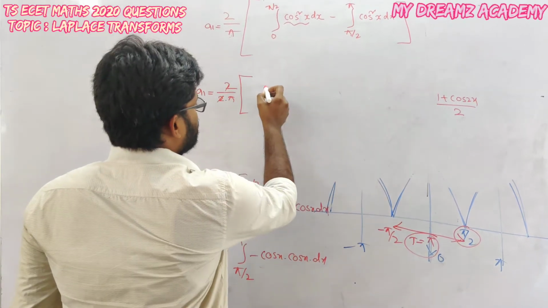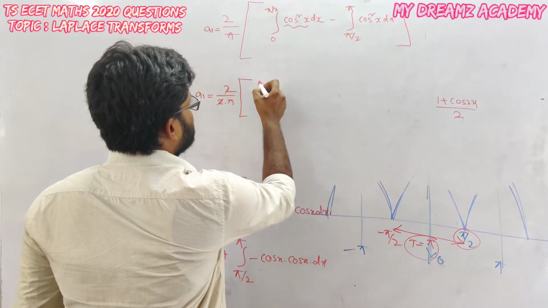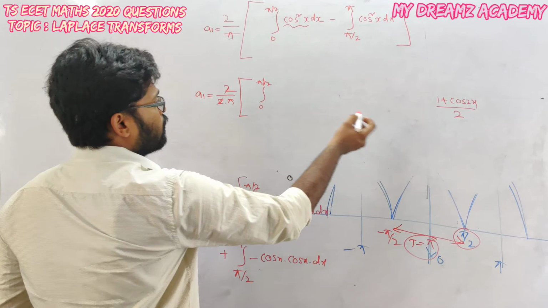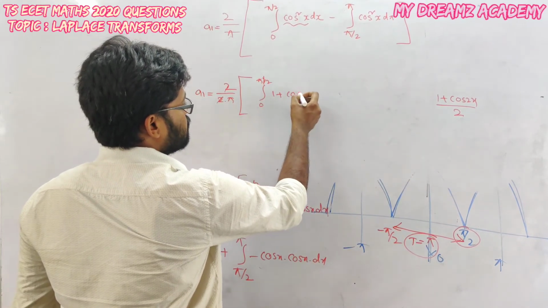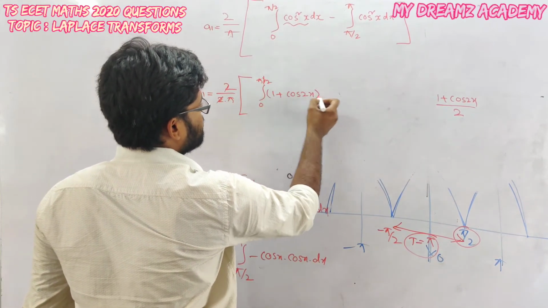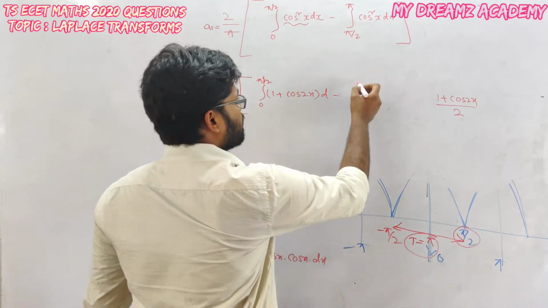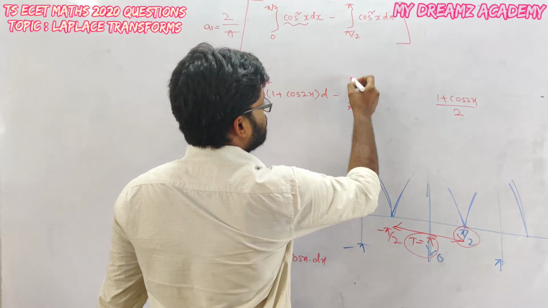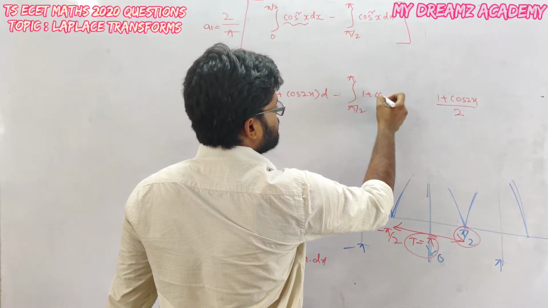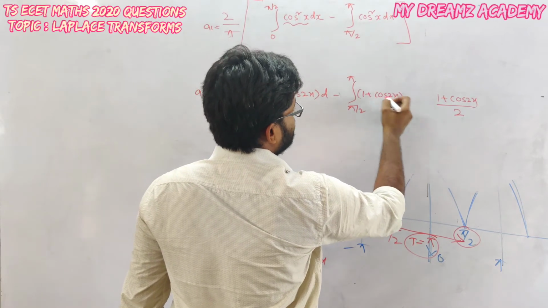Now integration of 0 to pi by 2, 1 plus cos 2x into dx, minus integration of pi by 2 to pi, 1 plus cos 2x into dx.